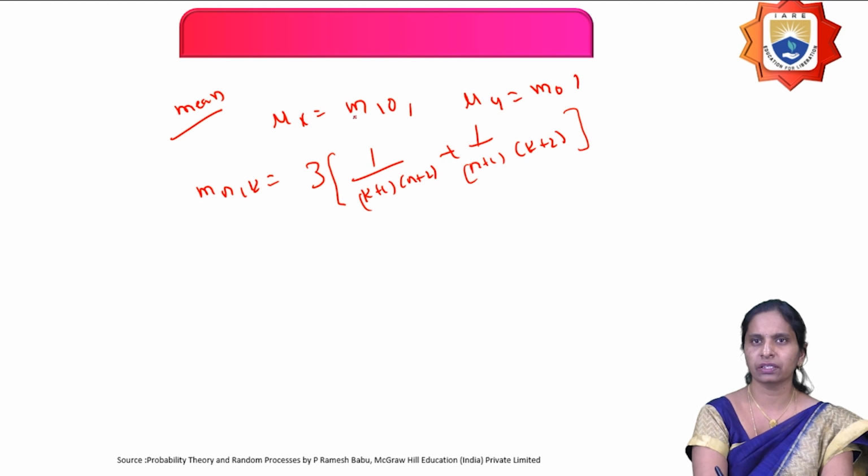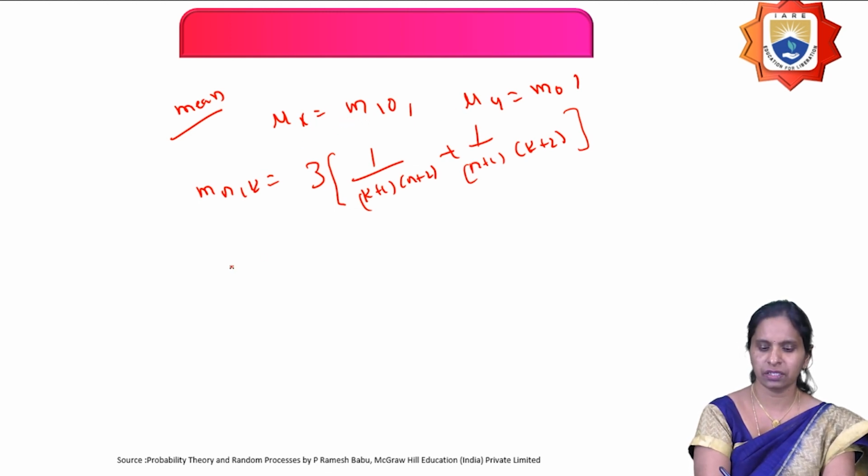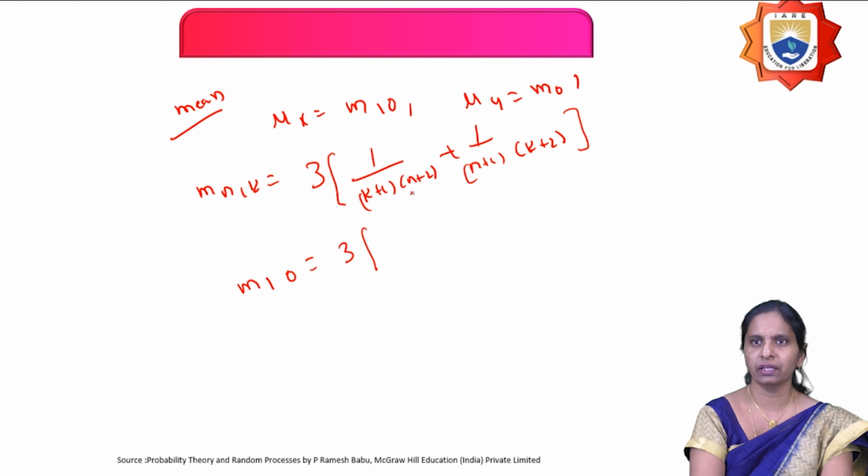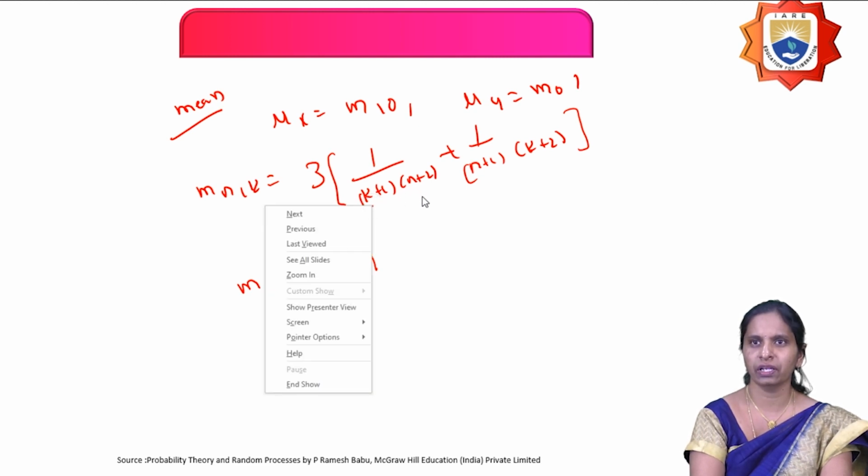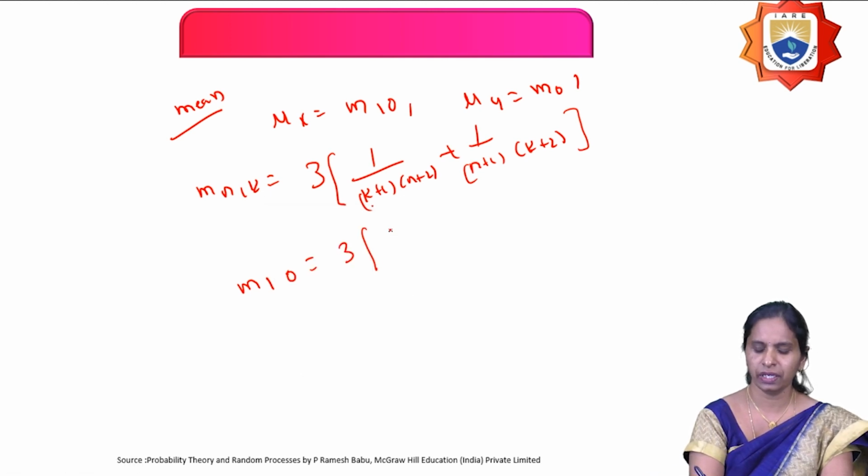Now they ask to calculate the mean, mean of x and mean of y. How do you calculate it? Substitute n value 1 and k value 0. So k equals 0 here, and the n value is 1. Then what can you obtain here? 1 by k plus 1, so 0 plus 1 is nothing but 1.